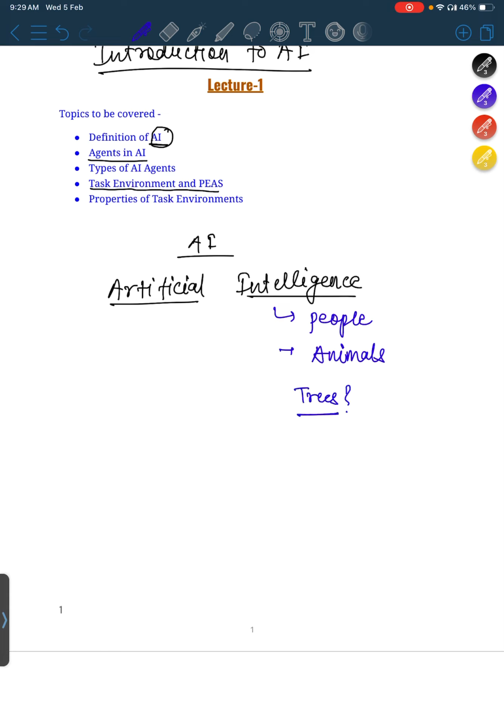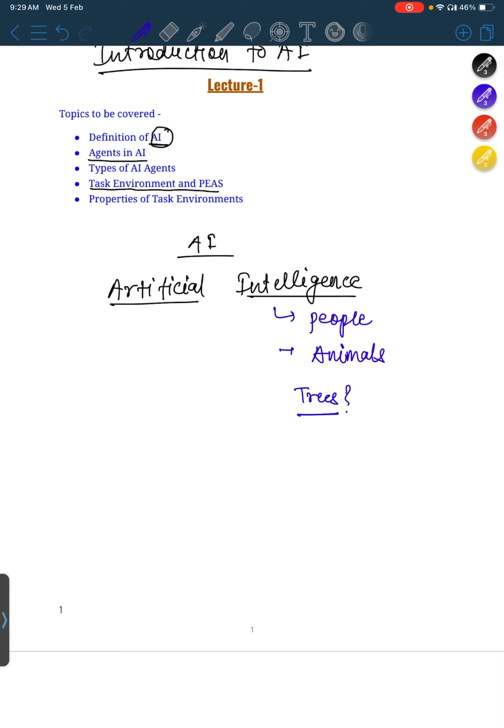Or if you talk about non-living things like a device, a computer, or a table, what about those? Depending upon what we are interacting with, the term intelligence can vary.